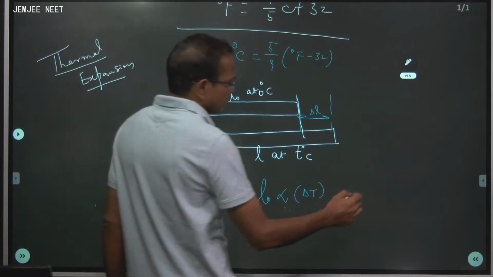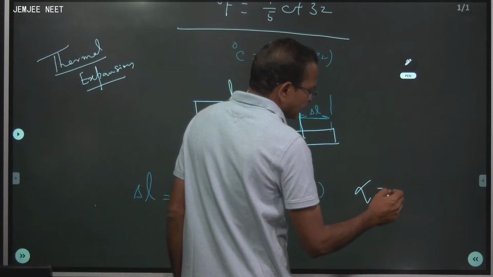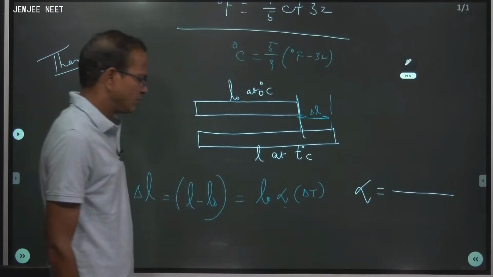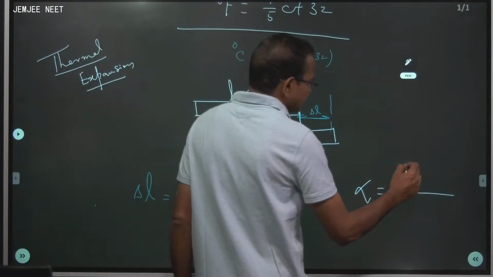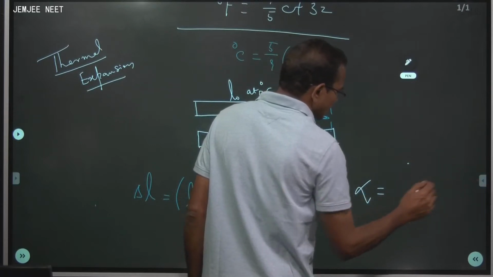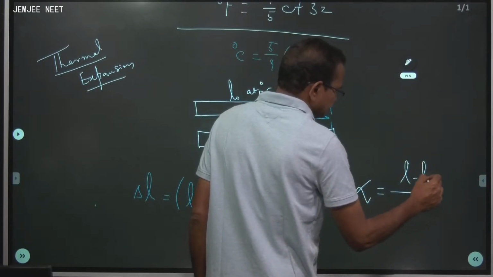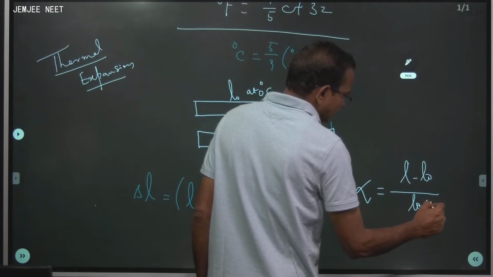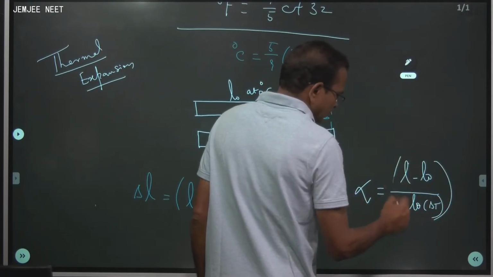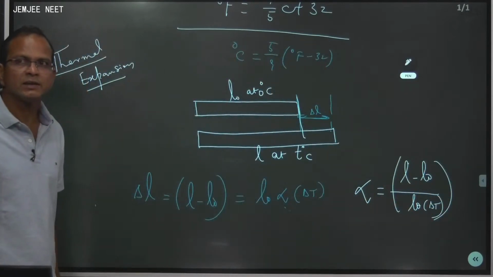So alpha is (L minus L0) divided by (L0 into delta T).